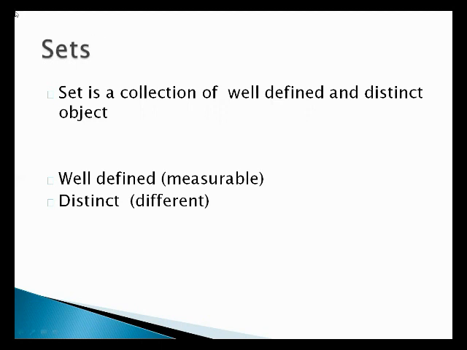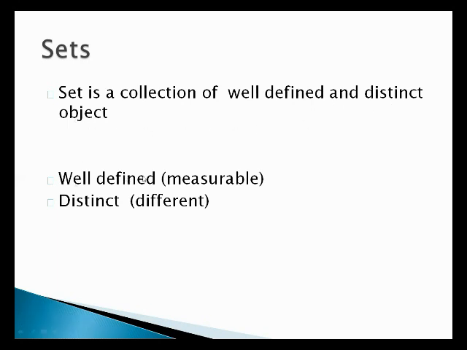Now, sets. As you know, a set is a collection of well-defined and distinct objects. You have learned this definition from class 6 to 8. So you are well aware that a set is a collection of well-defined and distinct objects. There are two words, well-defined and distinct.